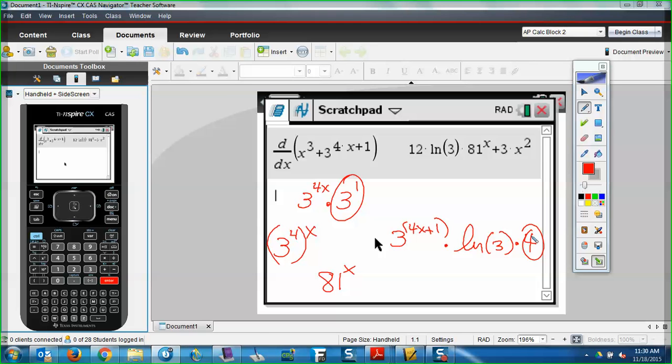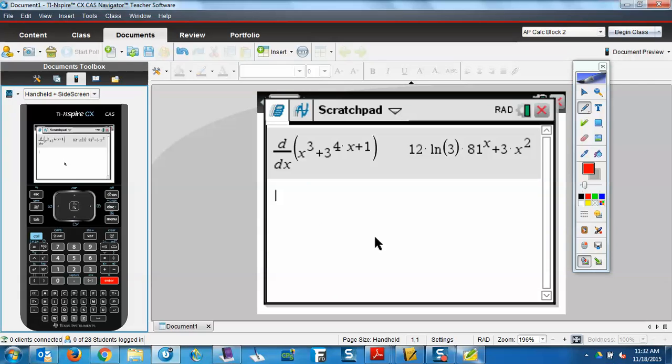So when you're using your calculator, here's what I would do if I looked at their answer and said, oh gosh, that's not what I got. Remember, your calculator is going to simplify things that you put in.